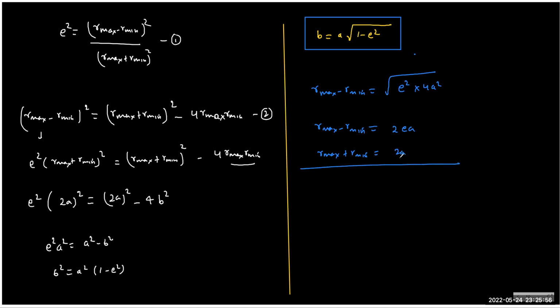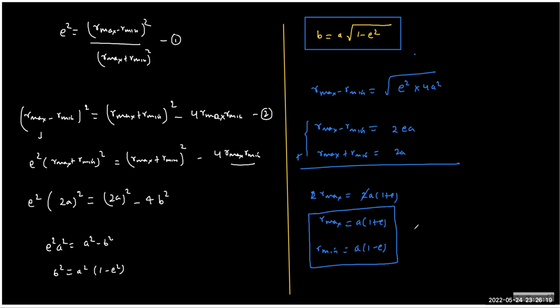Yes, and we can solve this. So if you add, 2 R max will be how much? 1 plus. So R max is basically A(1 plus E), and R min is basically A(1 minus E). So if you want to know the eccentricity relation with A, and if you want to write it this way, you are free to write. Yes, sir.